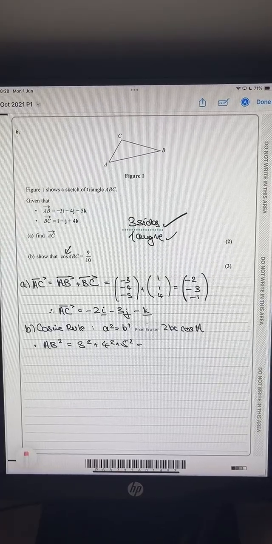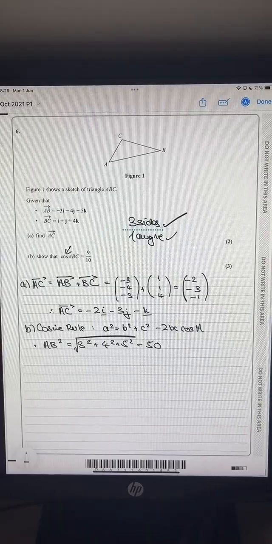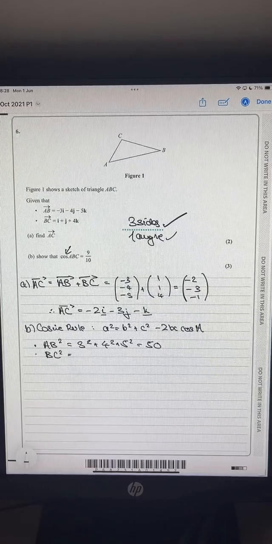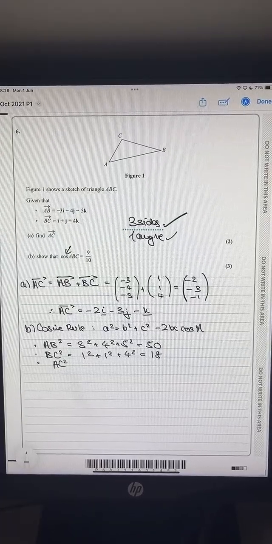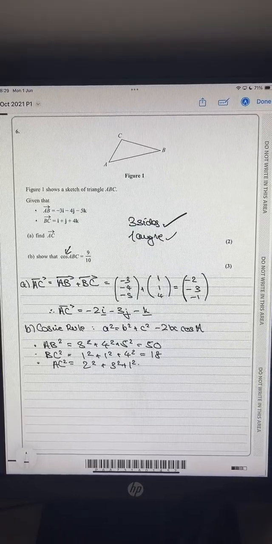And the reason I'm finding AB squared is so I can just easily substitute that 50 value in. I can find the square root just by doing square root and then squaring when I sub in. Either way is fine. Then BC squared is going to be equal to 1 squared plus 1 squared plus 4 squared, and that's going to give me 18. And then AC squared is going to be equal to 2 squared plus 3 squared plus 1 squared, and that's going to give me 14.